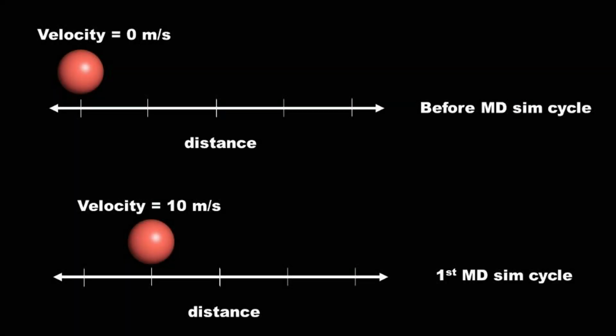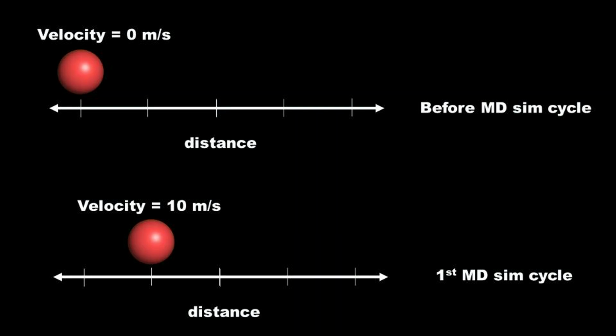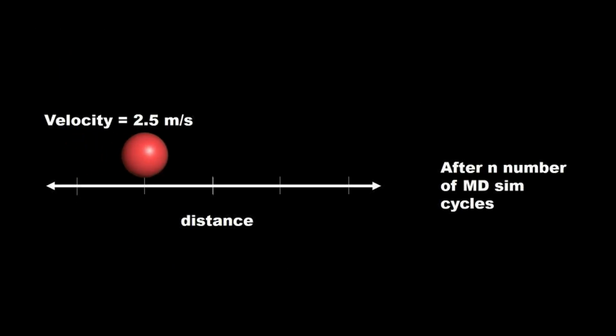This information will be used in future steps to predict the new position and new velocity of atoms after a finite amount of time. So at the end of each simulation cycle, you will get new position of atoms and their new velocities. This would result in complete change in position of the entire biomolecule.